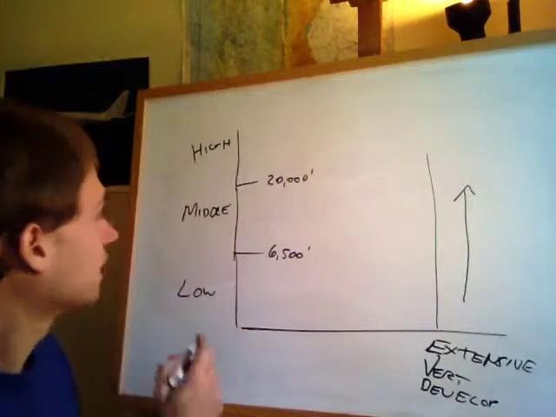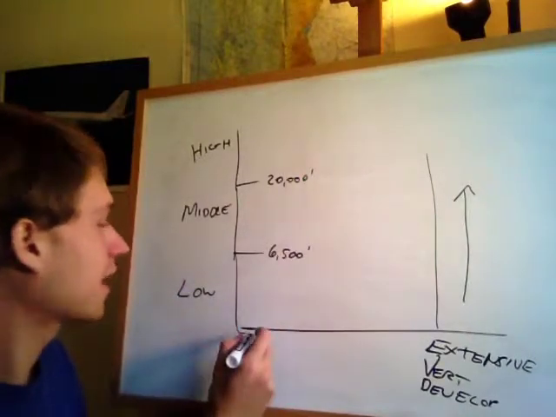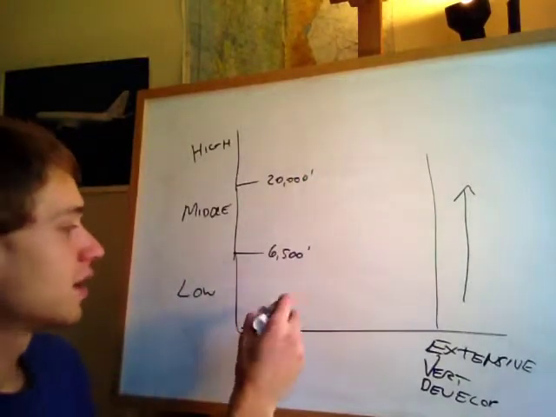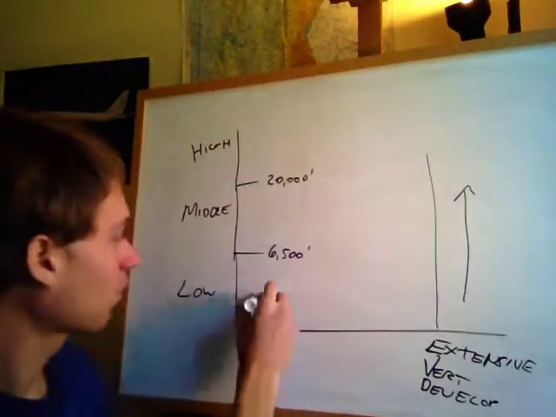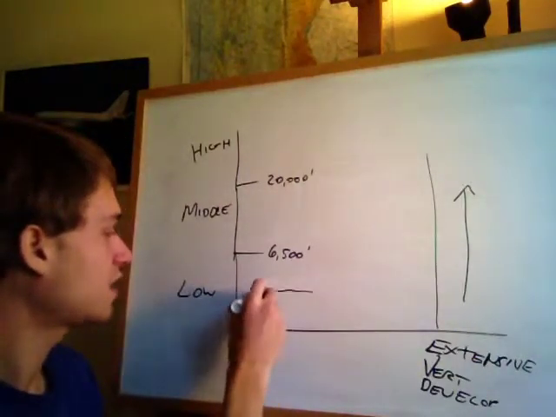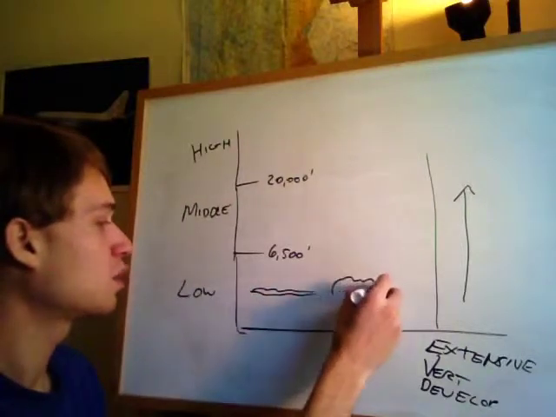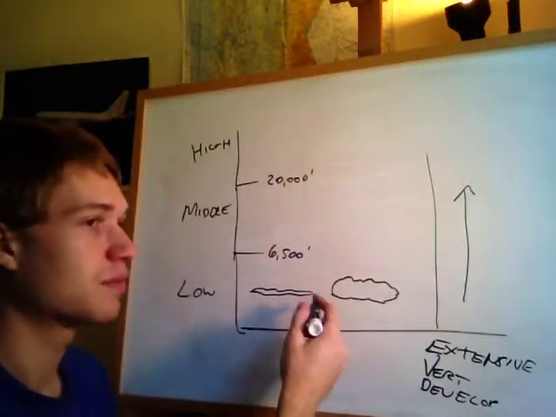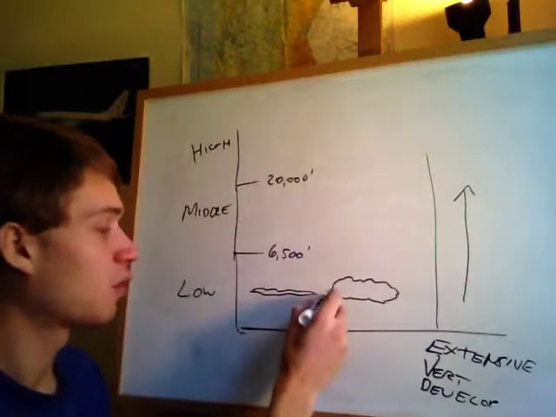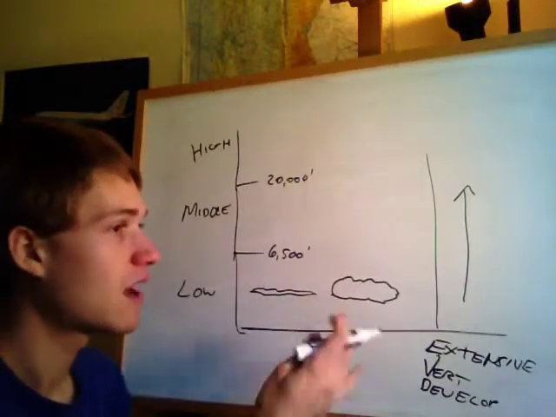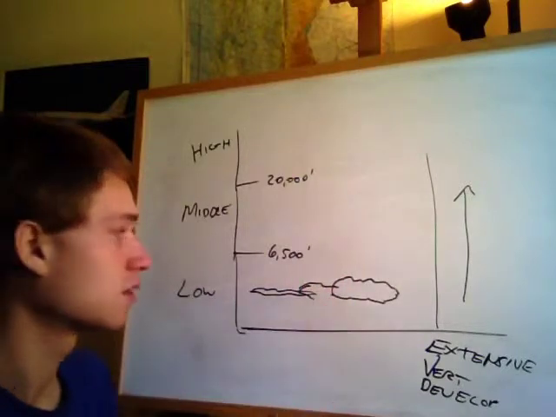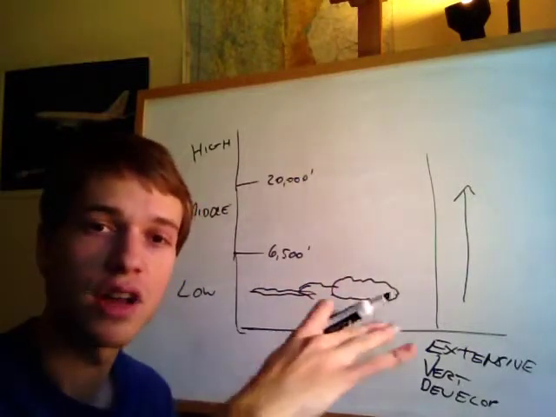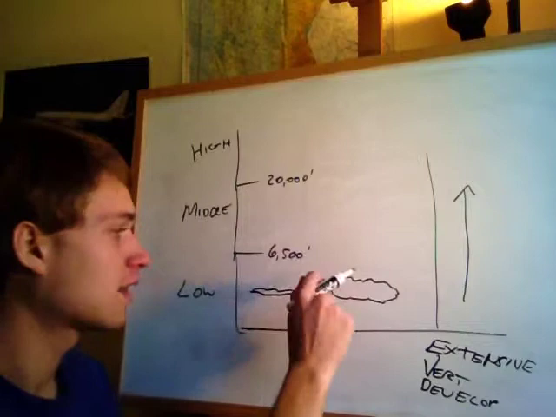Okay, so let's take a look at these clouds. In the low area you'll often have stratus and cumulus clouds forming, or some combination of both, where you have stratocumulus clouds, which is a mixture of stratus and cumulus. Stratus, just think stratified, like a layer. It's a layer-like cloud.